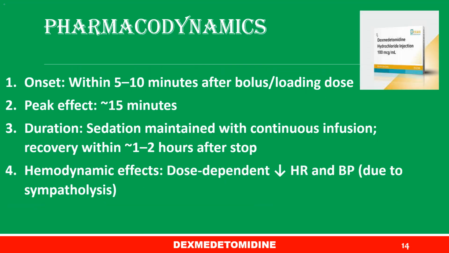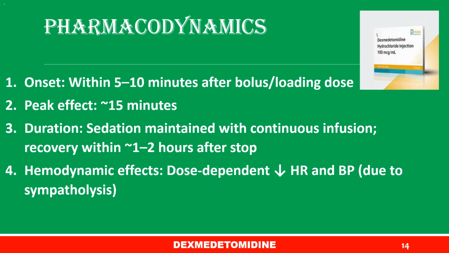Pharmacodynamics of dexmedetomidine. 1. Onset. Within 5 to 10 minutes after bolus loading dose. Dexmedetomidine starts working within a few minutes after the initial dose. 2. Peak effect. Approximately 15 minutes. Dexmedetomidine's effects are strongest around 15 minutes after it is given. 3. Duration. Sedation maintained with continuous infusion.